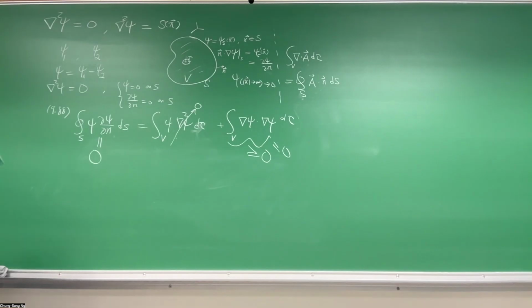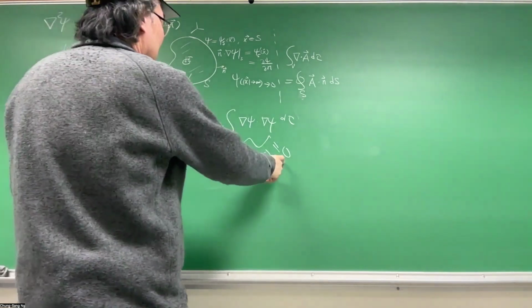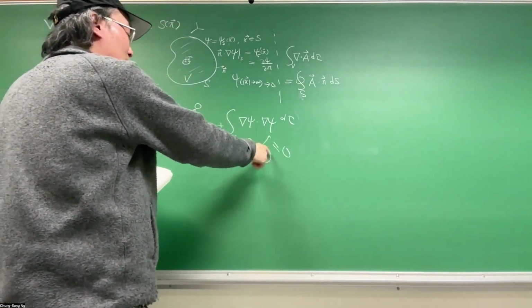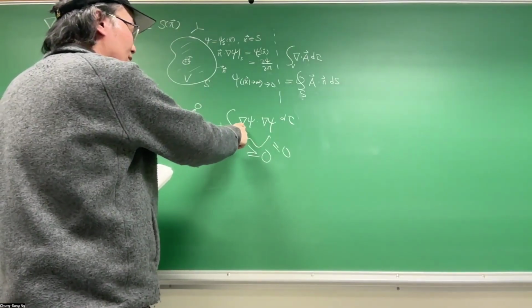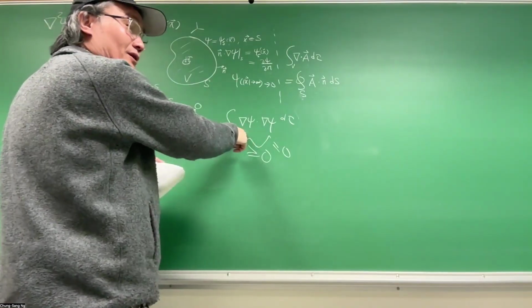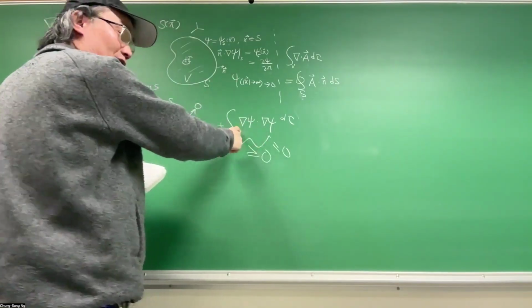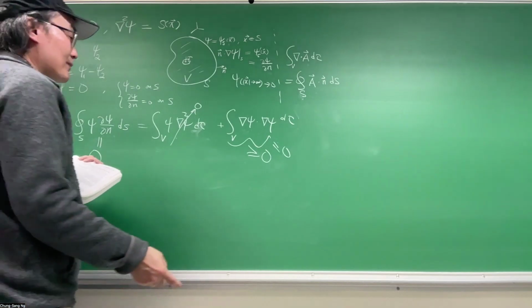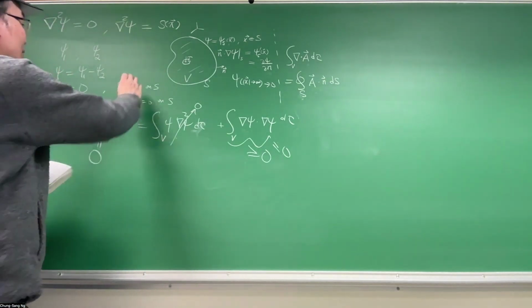Because it's a square term, to get that to zero, grad psi must be zero, since grad psi dot grad psi must be zero, and so psi must be a constant over the whole region.